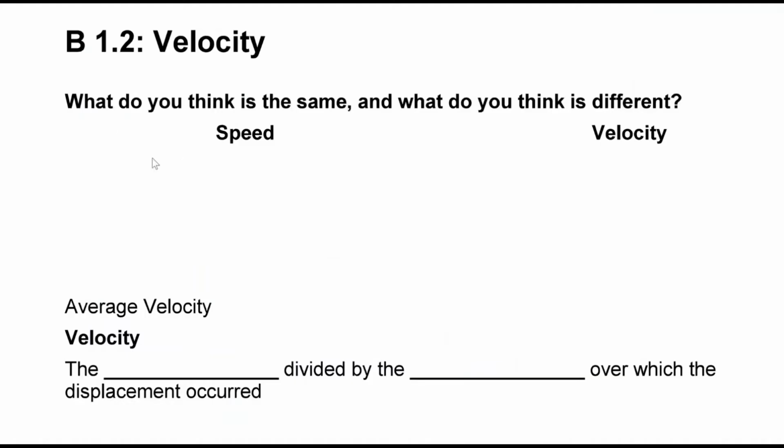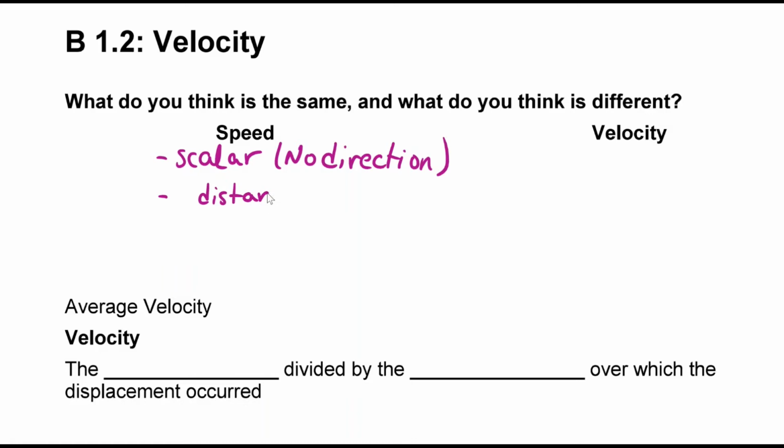So let's think about this. Speed is a scalar. It's got no direction. It is the change in distance divided by the time, whereas velocity is a vector, so yes, it has direction.